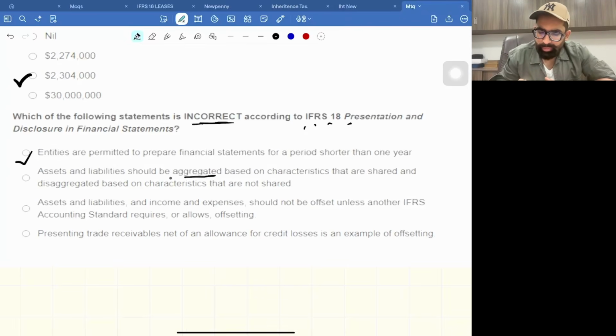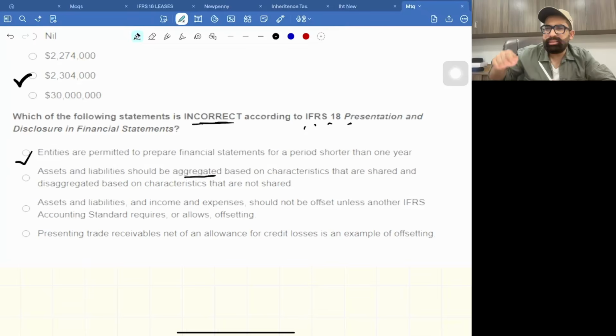So assets and liabilities, I have given you in my class the example of shirts, that you cannot hang a shirt and then a sock. No, it's not a good match, but you can bundle all socks together, right? So assets and liabilities should be aggregated based on characteristics that are shared, and disaggregated based on those that are not, yes, perfect.